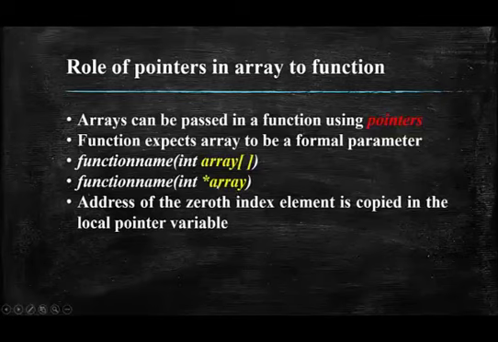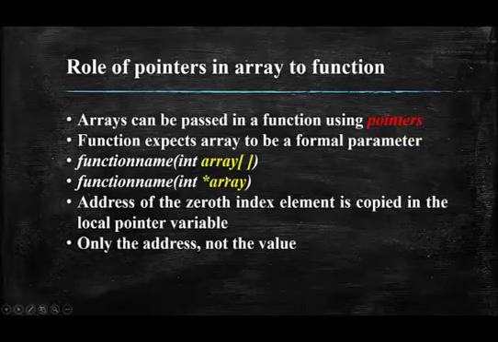Only the address is copied into this formal parameter, not the value. So always remember, only the address of the first array element will be copied into the formal parameter, not the actual value present in the array element.